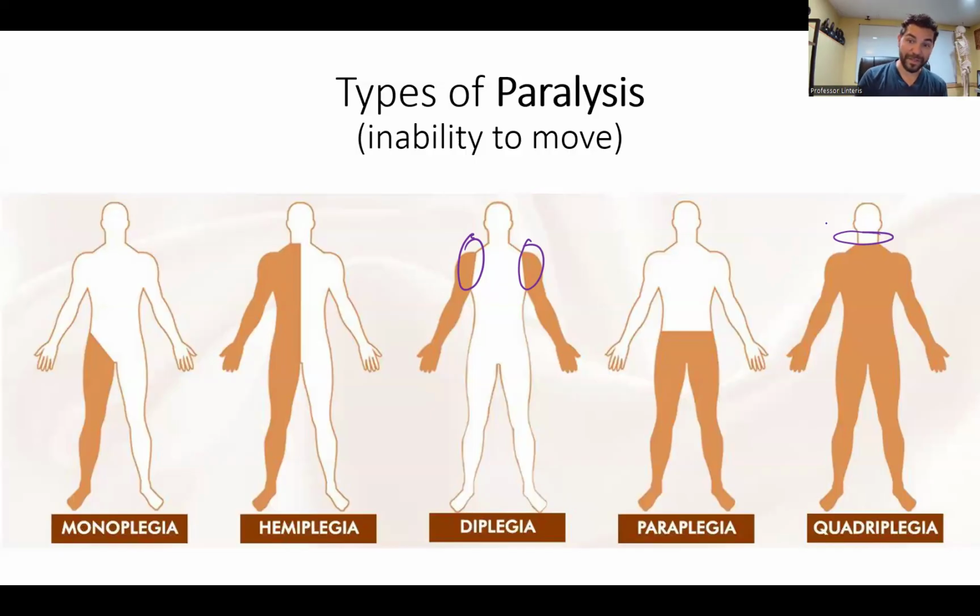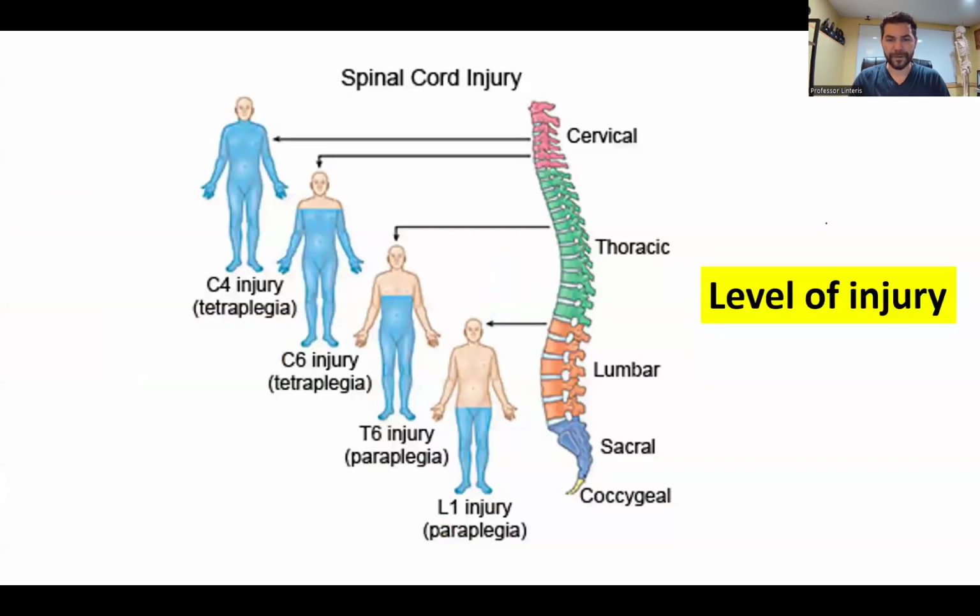Sometimes it only affects one side, depending on what caused the injury. You should be relatively familiar with the role of motor neurons and paralysis, right? Clearly, depending on the level, different things will be affected.